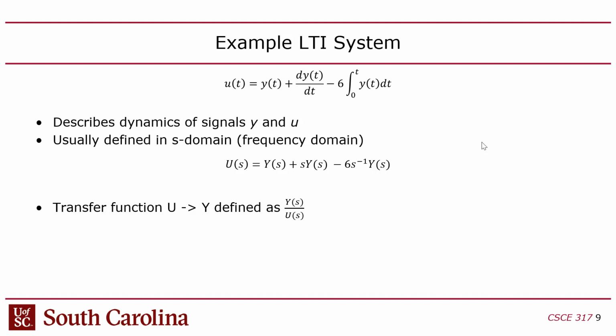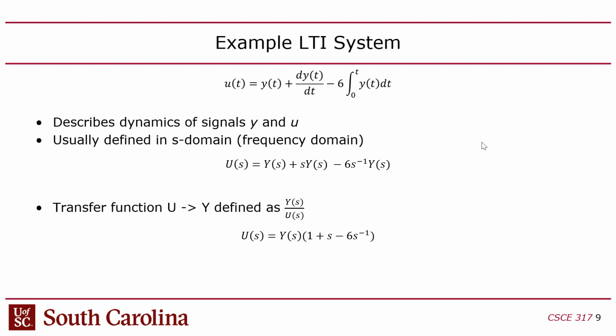By which I mean that all the terms with respect to the input, in this case U, are in the denominator, and of course all the outputs are in the numerator. So your goal is essentially to get a ratio of two polynomials of S to construct the transfer function.